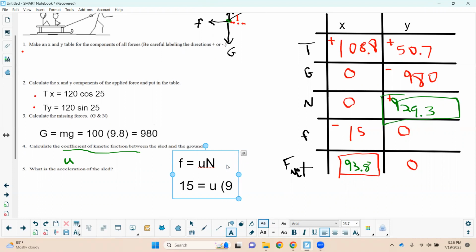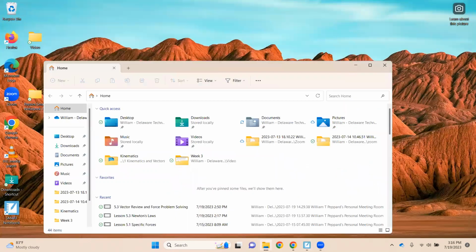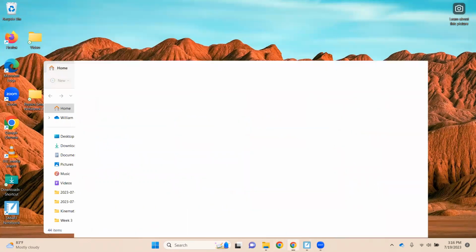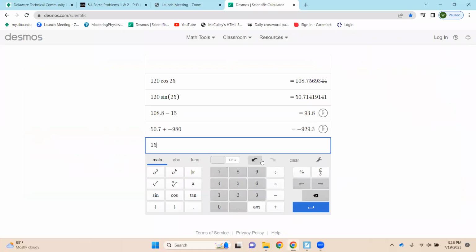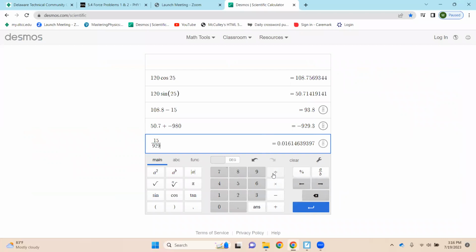And then this 929.3 is the normal force. So again, to get U, you're going to divide 15 by 929.3. That's equal to U. And U is unitless, so it's just the value for it. So it would be 15 divided by 929.3, and it's 0.016, so that's fine.